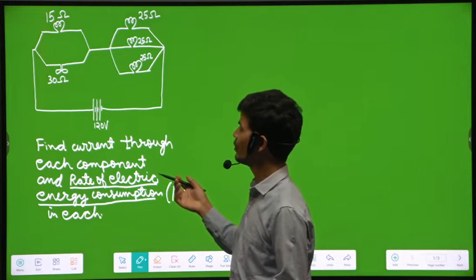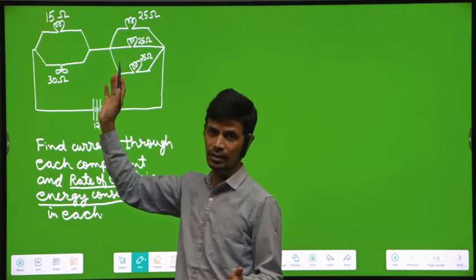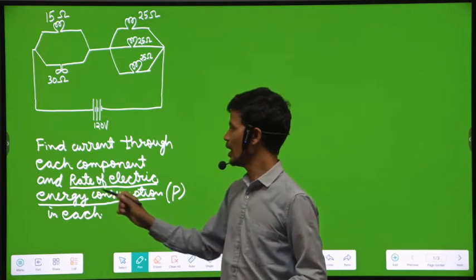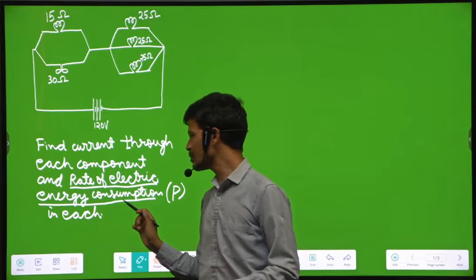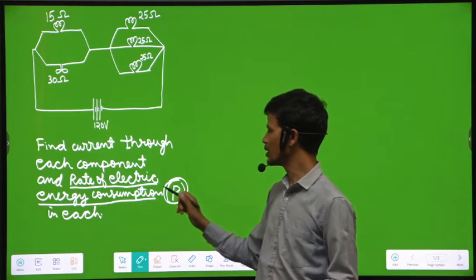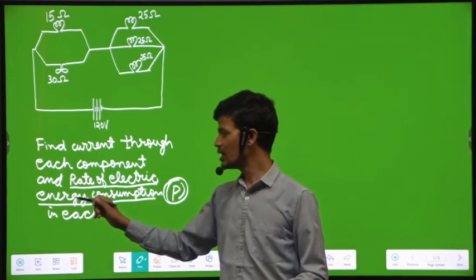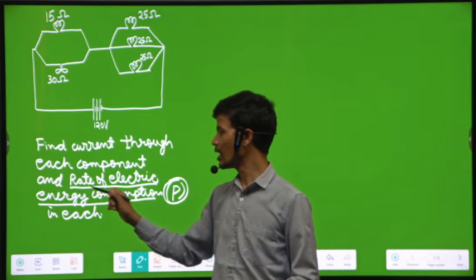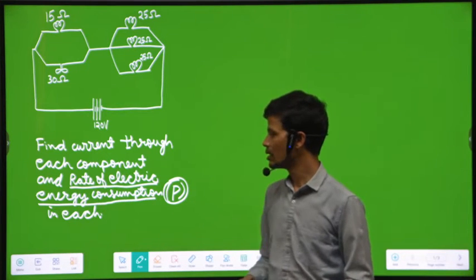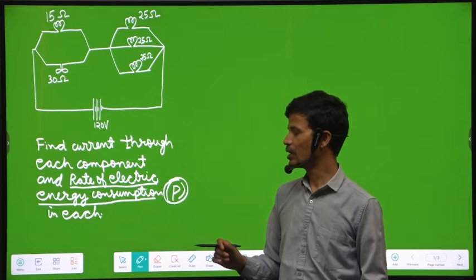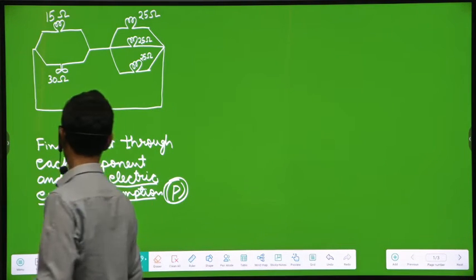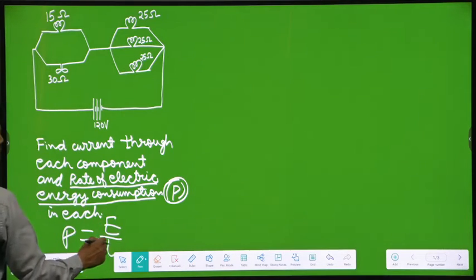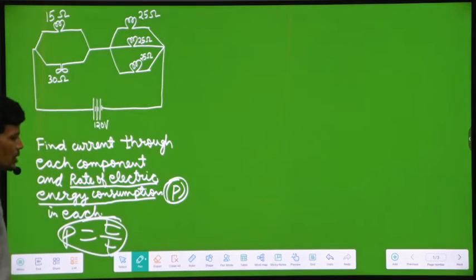Anyway, we are interested only in their resistance, and the rate of electric energy consumption, which is power actually. Electric energy has been written here, but rate of electric energy consumption means power. Power is energy by time, the rate of energy dissipation or energy consumption.